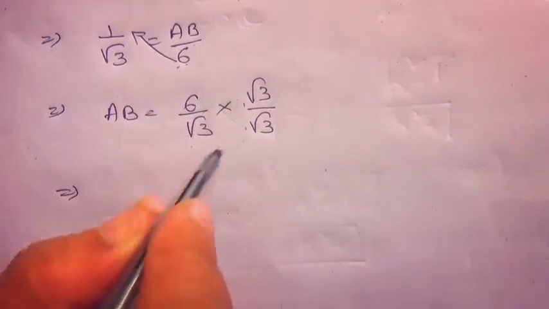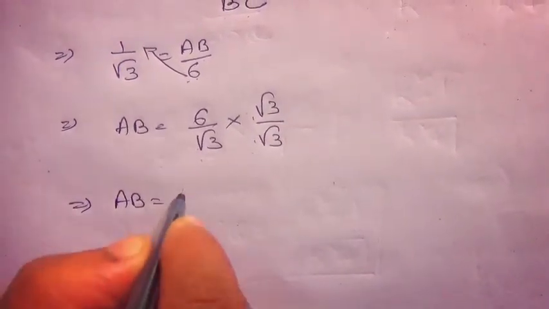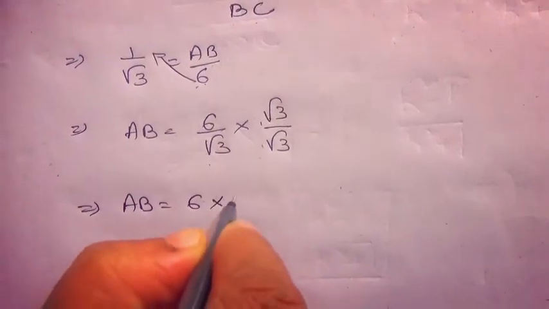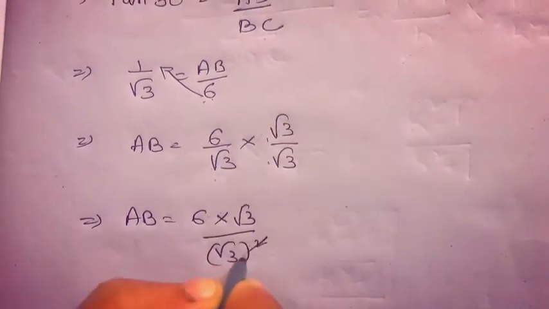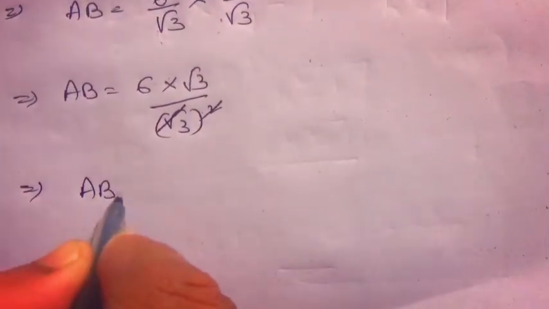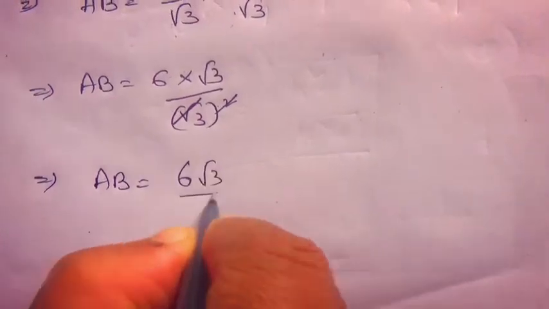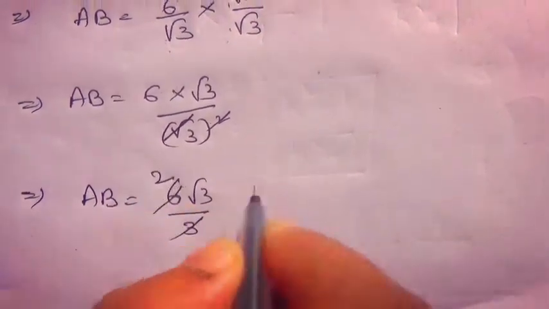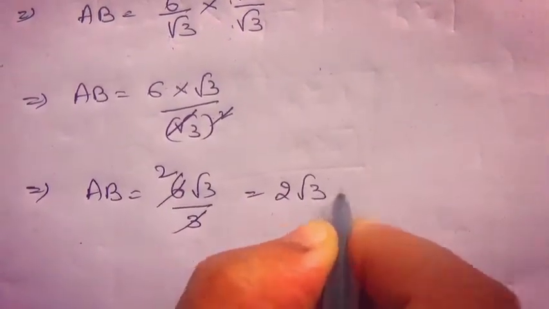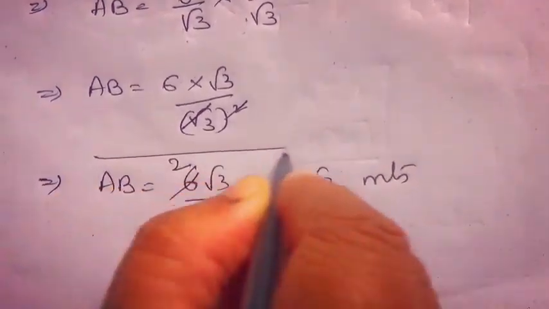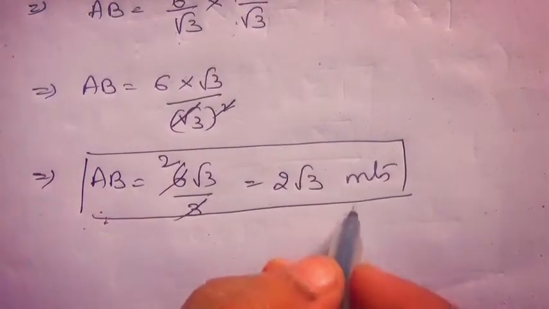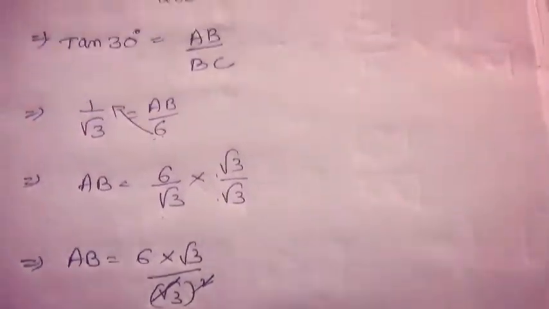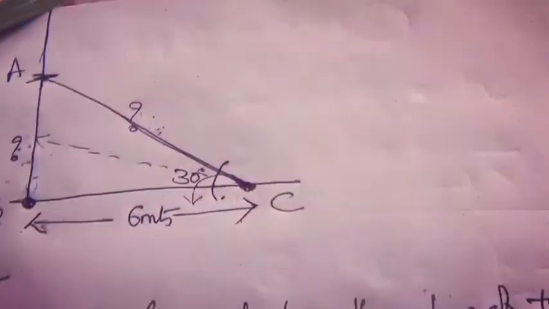Okay, AB is equal to 6 root 3 by root 3 whole square. Square root cancels. So that implies AB is equal to 6 root 3 by 3. Here it is cancelled 2 times, 2 root 3 meters. Just remember that AB is equal to 2 root 3. So AB we know that now, right?